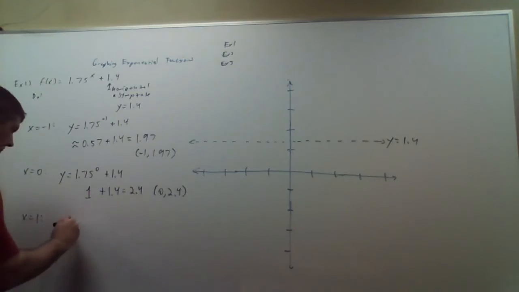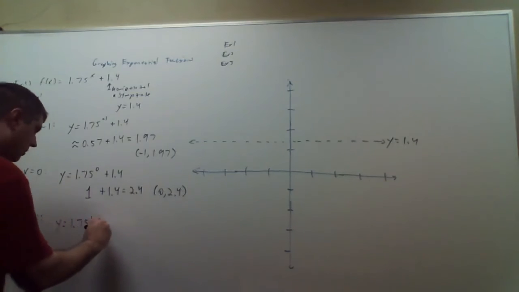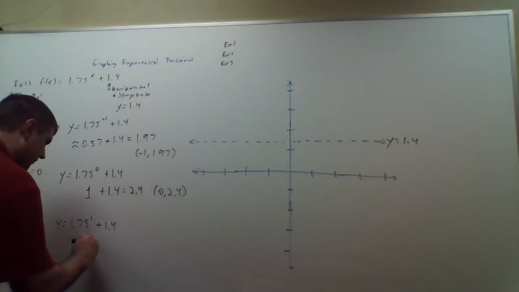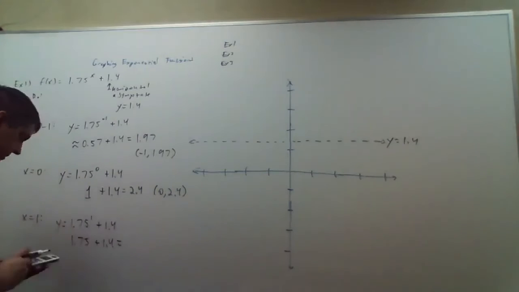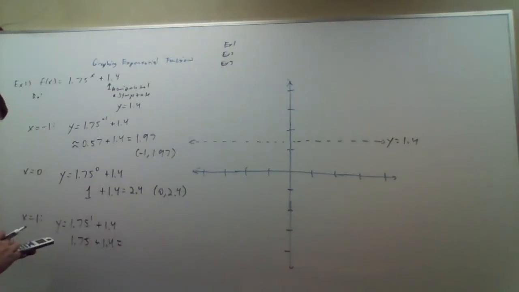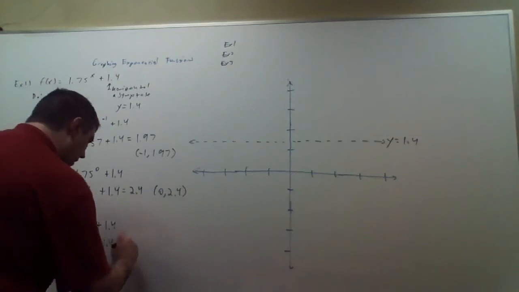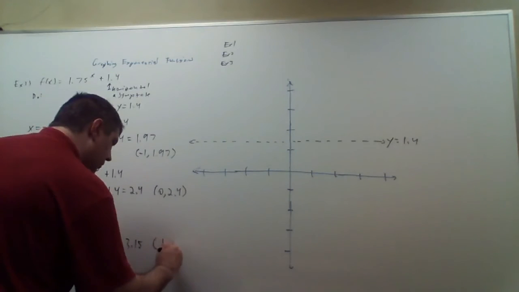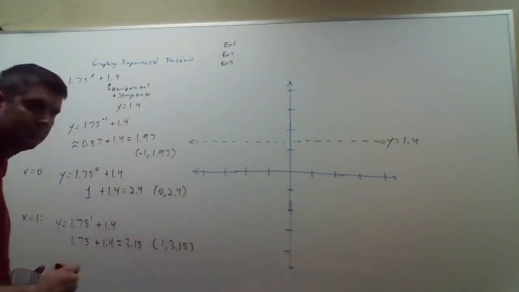Y equals 1.75 to the first plus 1.4. Anything to the first power is itself. So 1.75 plus 1.4 is 3.15. So we have 1, comma 3.15.